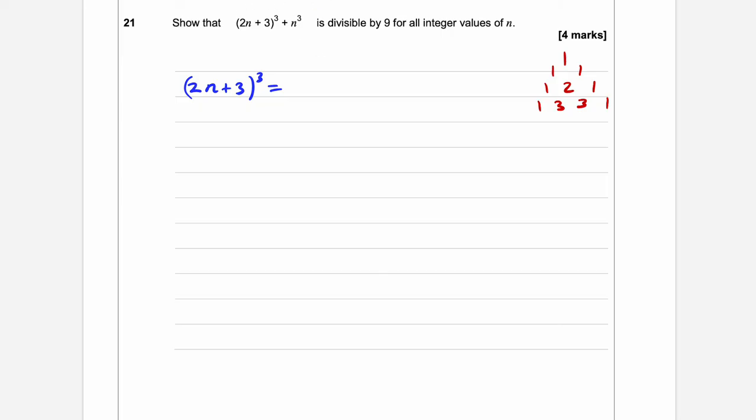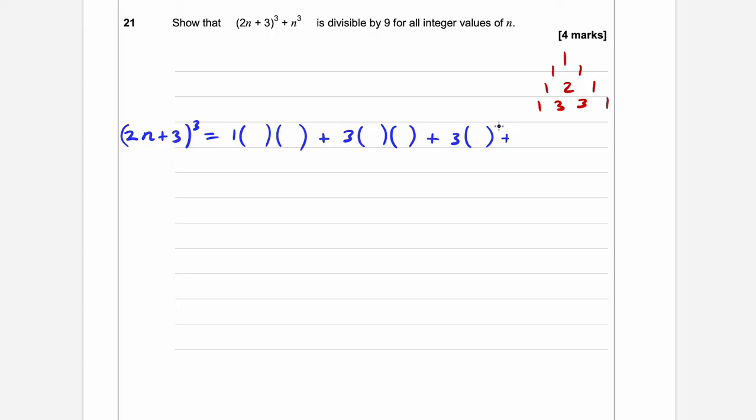Guys, let me just show you how I do these questions. I like to say this is equal to 1 bracket plus 3 bracket plus 3 bracket plus 1 bracket. These are obviously my Pascal triangle coefficients 1, 3, 3, 1.